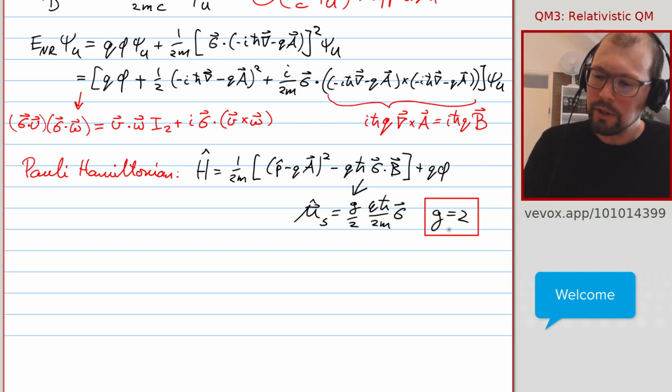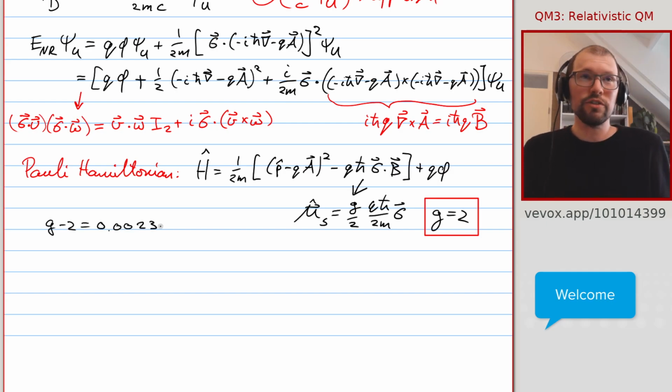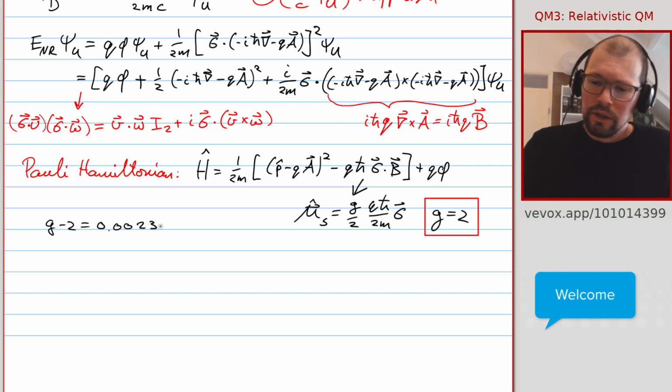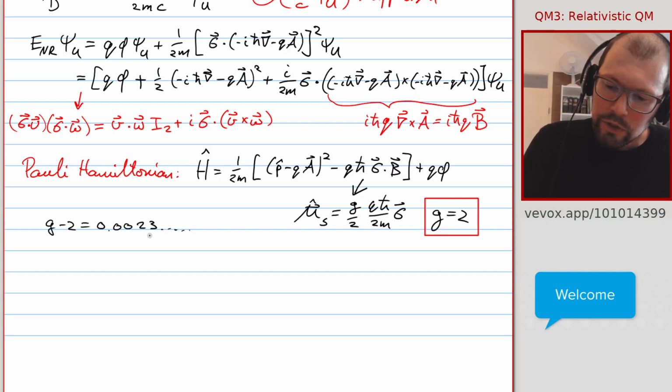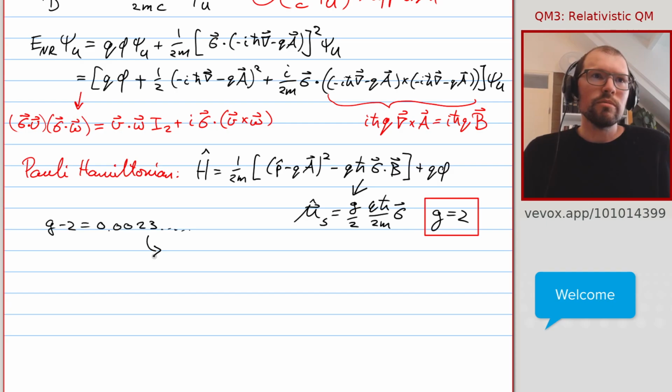Finally, quick remark. So we saw in the beginning that g is not exactly equal to 2. You have g minus 2 is actually experimentally measured to be something like 0.0023. So where do these corrections come from? Well, they are not from further relativistic corrections.